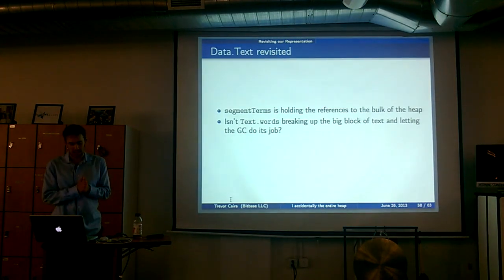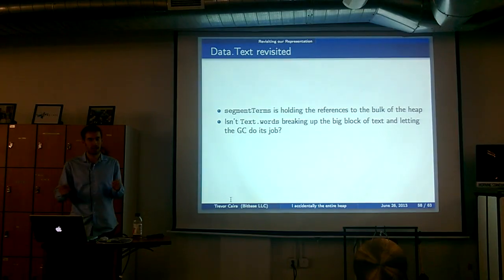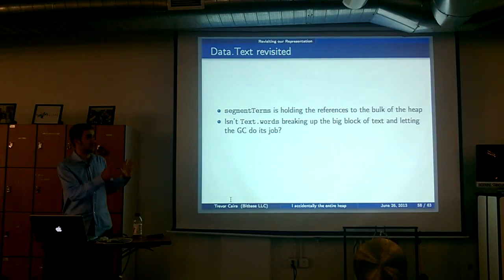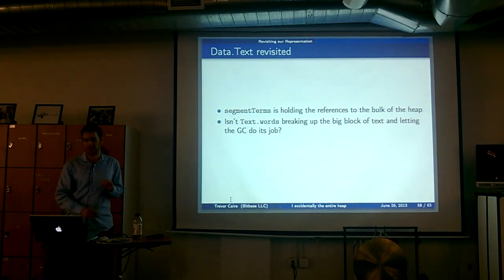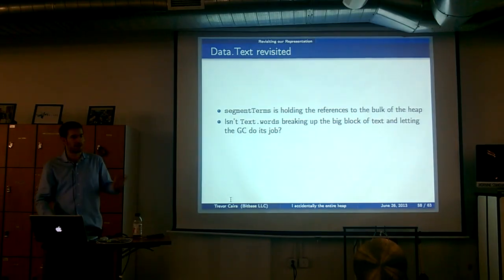Well, we were hoping that text.words would break everything up and give us these little tiny words that we could then say, oh, I've seen you a lot. I don't need to store you a million times. We don't need to store B a million times, do we? Then we can just throw away the big block that's fully duplicated and let the GC do what it's good at.